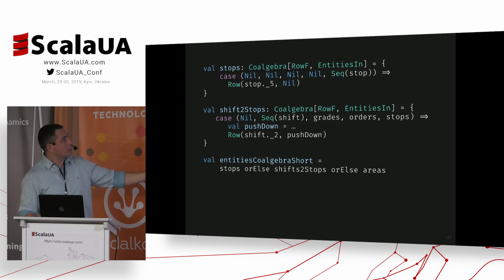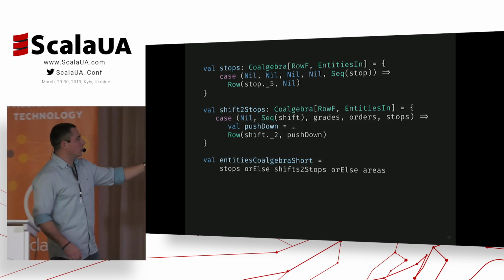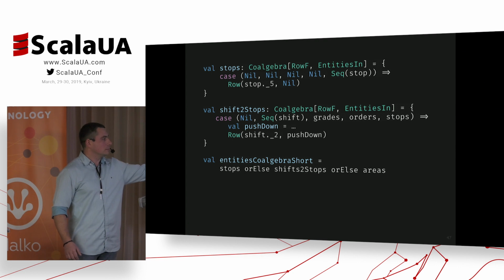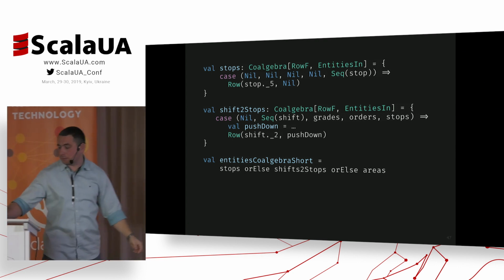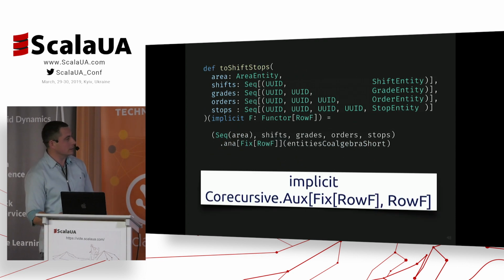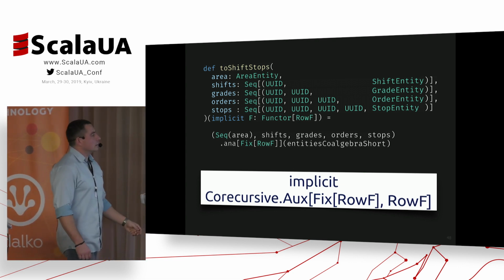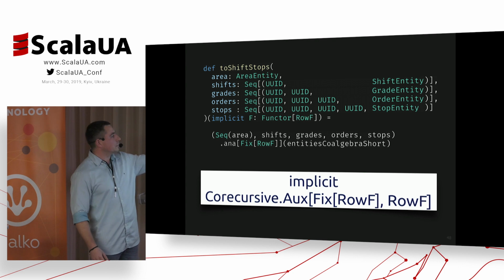Even better, we can define each of the steps as a partial function and then build the coalgebra as a combination of them. So the composition is really great in this case. And this is how the Matryoshka library allows us to work with this.